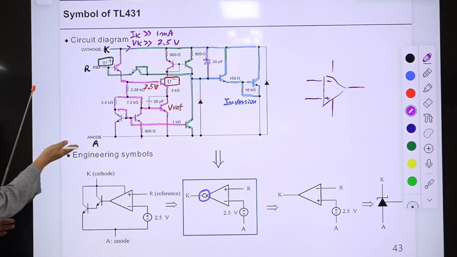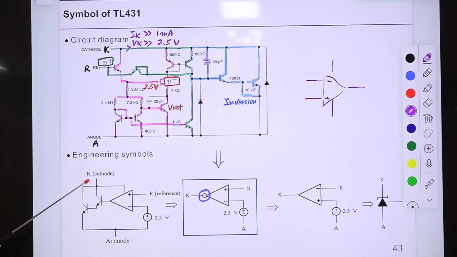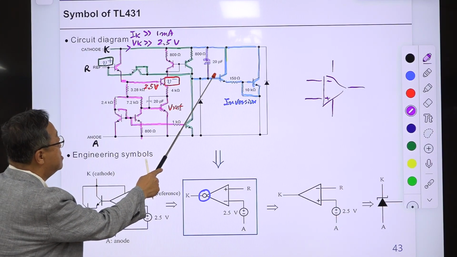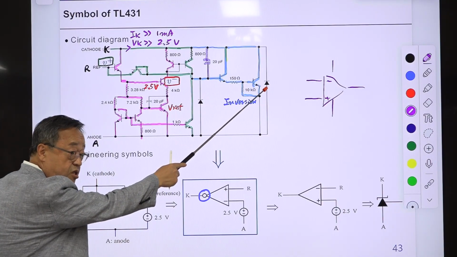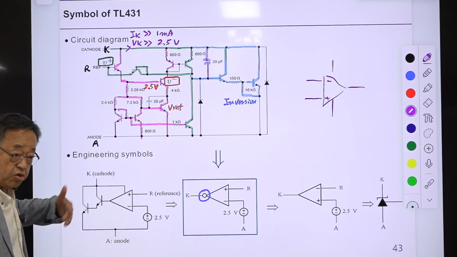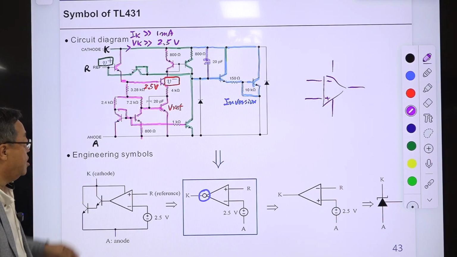This is swapped horizontally. The cathode and this reference are different. Very confusing but different things. This is the non-inverting terminal, but later on it becomes the inverting terminal, and this is the notation of the inversion function. It's not an inverter. If this voltage is increased, then this voltage will be decreased. If this voltage is reduced, then this will be increased. So the inversion functionality is built in here.